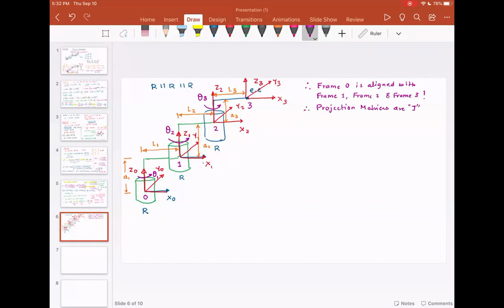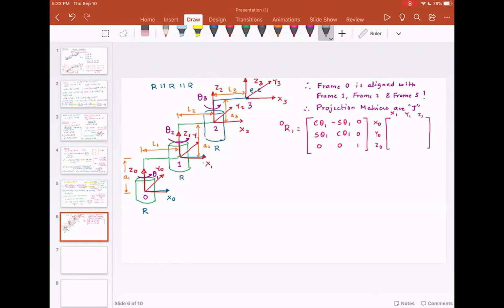As frame 0, if you remember the procedure, first we need to have the rotation matrix, and I will just do it for one joint. So first we need the rotation matrix 0R1, and since the rotation is about Z, I have cosine theta 1, minus sine theta 1, 0; sine theta 1, cosine theta 1, 0; 0, 0, 1, multiplied by the projection matrix, which is x0, y0, z0, x1, y1, z1.